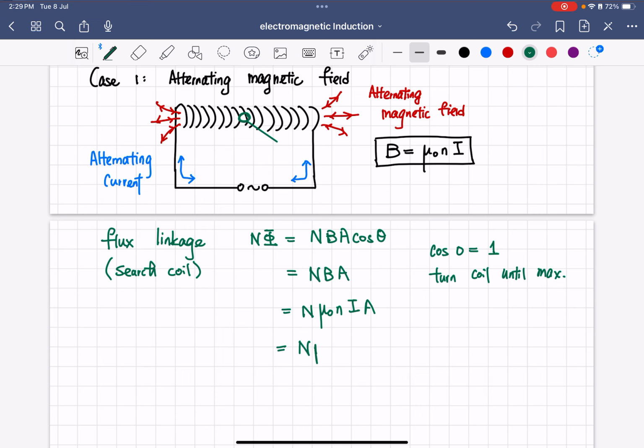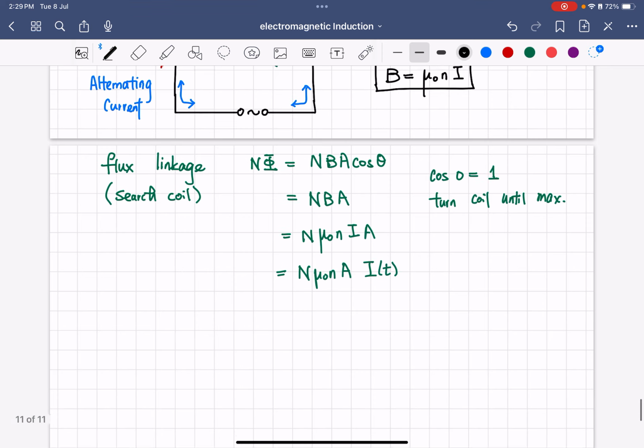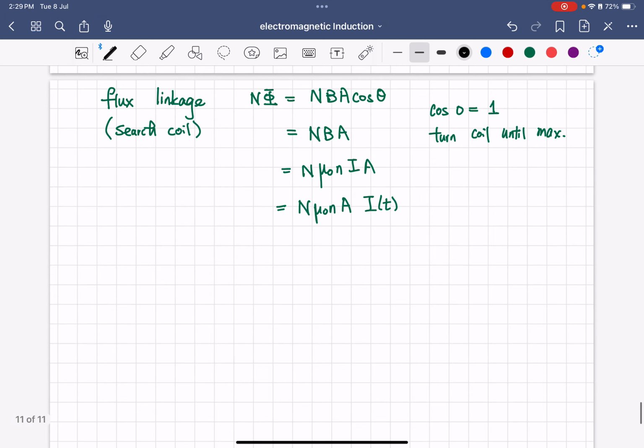Everything else is constant except I, so this I is a function of t. When I is sinusoidal, then your magnetic flux linkage will also be sinusoidal.